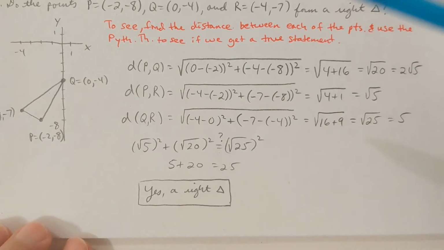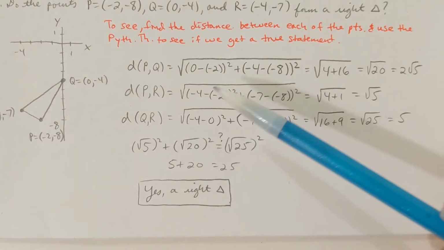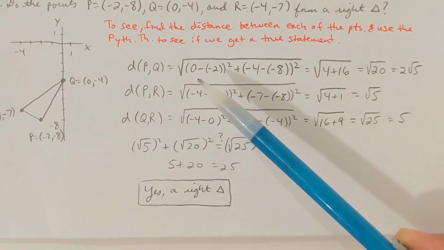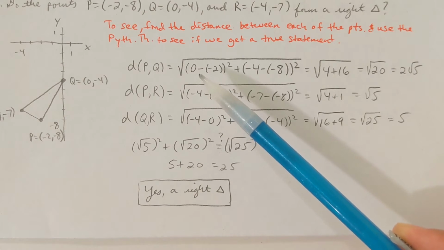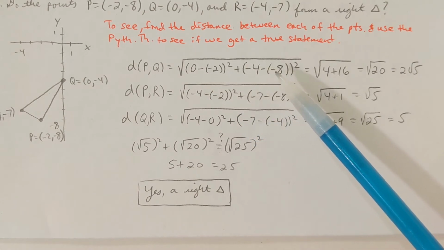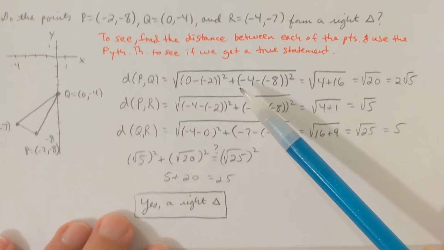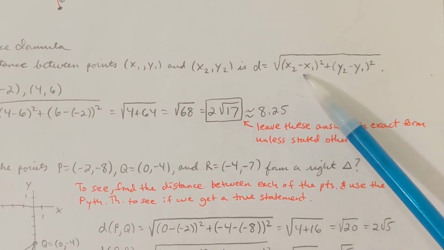Let's find the distance between P and Q. Using the distance formula, we want the square root of (0 minus -2) squared plus (-4 minus -8) squared. Again, I'm using the formula up here.